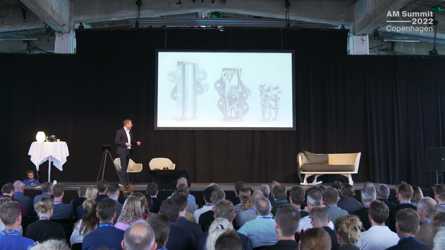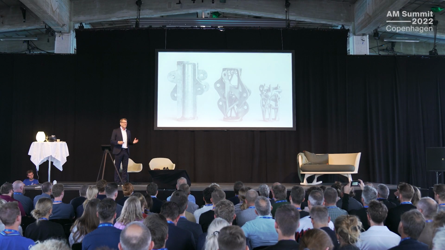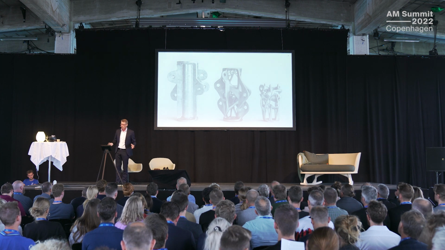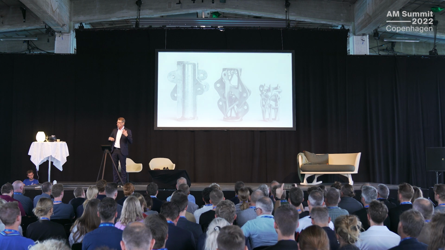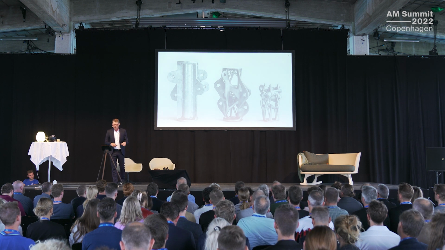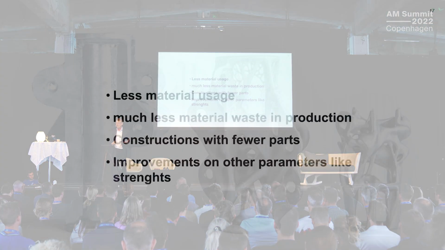This is just one example, and the interesting thing is that the result is quite surprising. It looks like something generated from nature, very often similar to bone structures. And these designs would almost be impossible to produce if it weren't for additive manufacturing. So that's why this is a great combination. So why go this way? Well, as Melissa also said, there are a lot of advantages here.